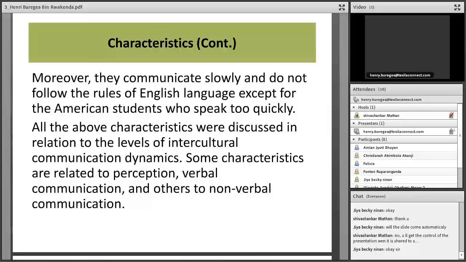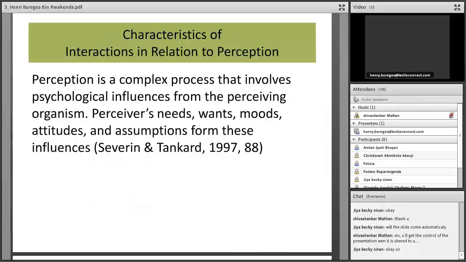All the above characteristics were discussed in relation to the levels of intercultural communication dynamics. Some characteristics were related to perception, verbal communication, and others to non-verbal communication. Perception is a complex process that involves psychological influences from the perceiving organism.